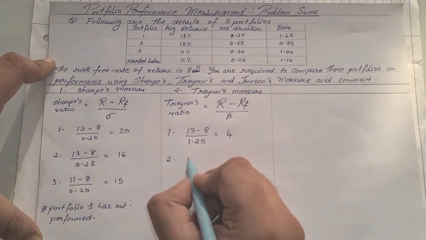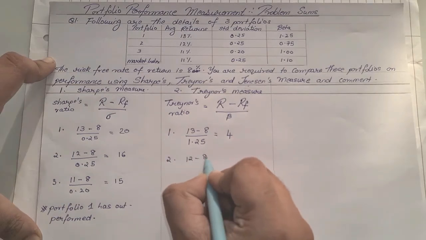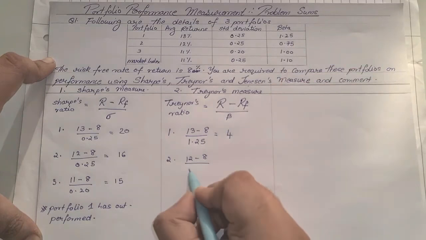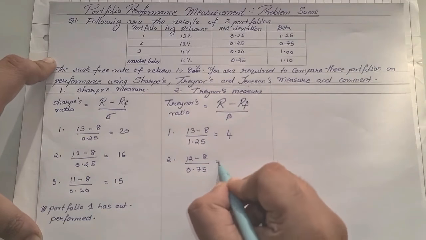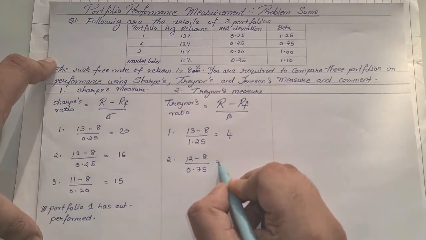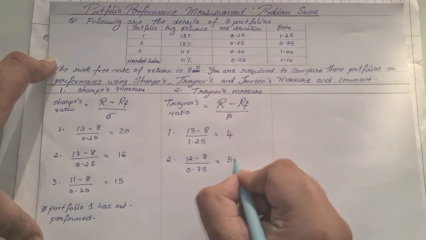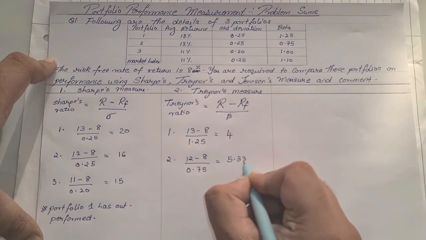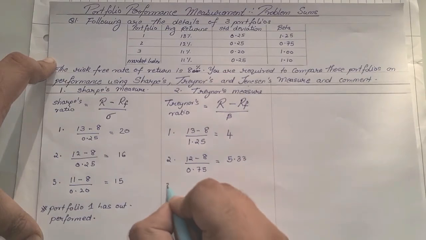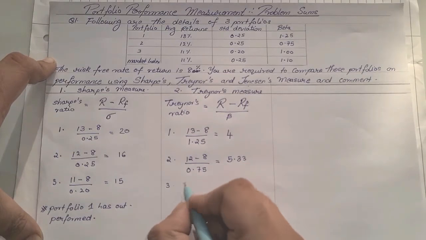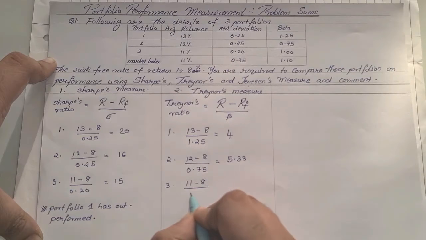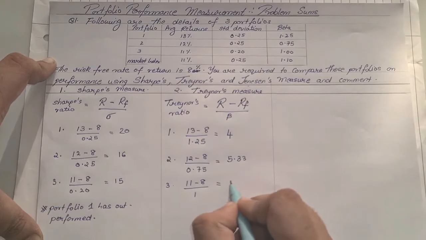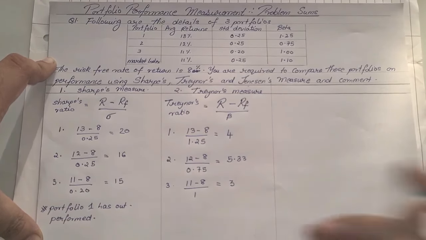For the second portfolio it would be 12 minus 8 divided by 0.75. After minusing and dividing, the value you should get would be approximately 5.33. And the third one, it would be 11 minus 8 divided by 1. So 11 minus 8 would be 3, divided by 1 would give you 3.